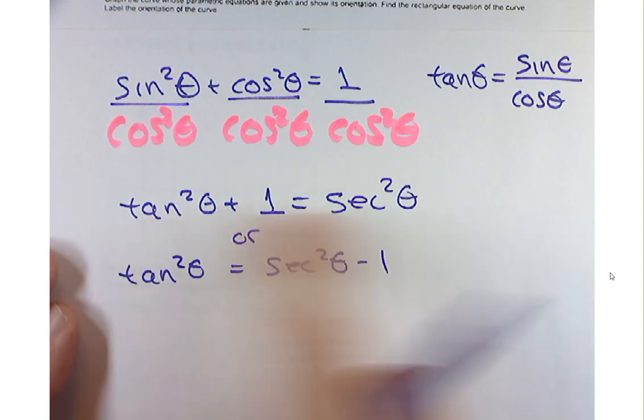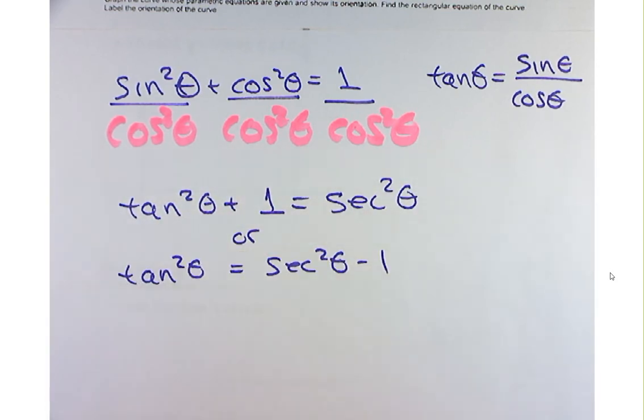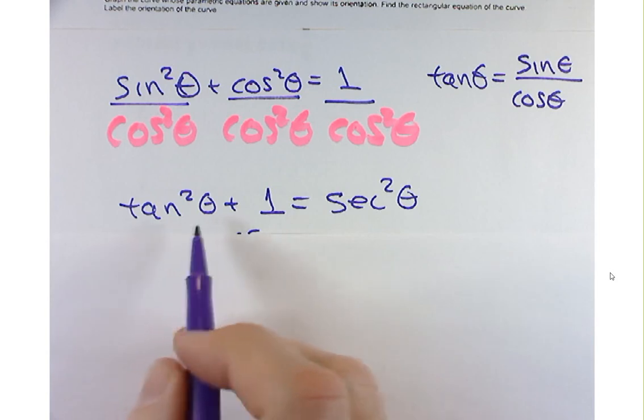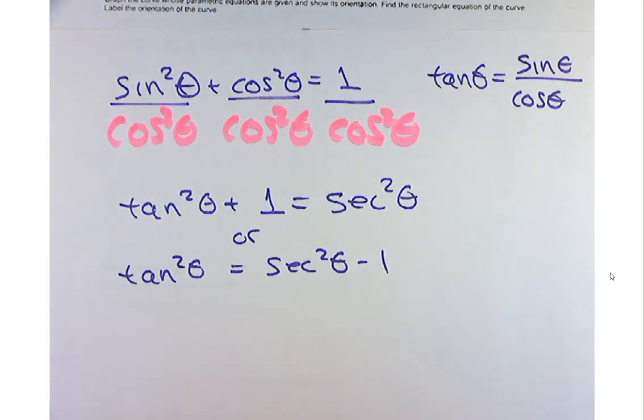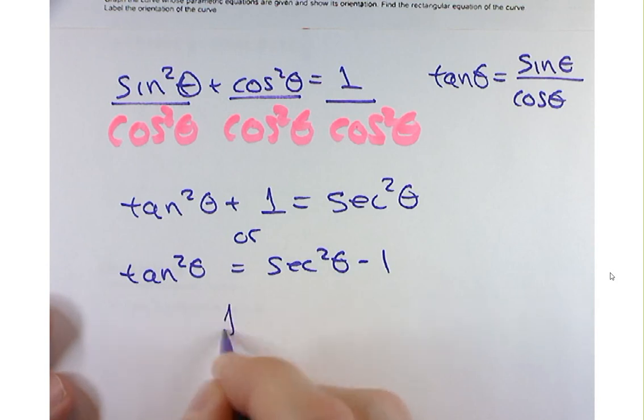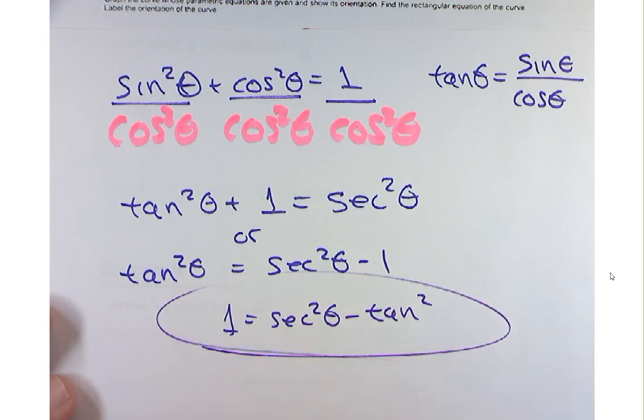What would I get if I put this tangent squared on the other side? What identity would I get then? 1 equals what? Secant squared theta minus tan. Beautiful. 1 equals secant squared of theta minus tangent squared of theta. Let's keep that one around. All right.